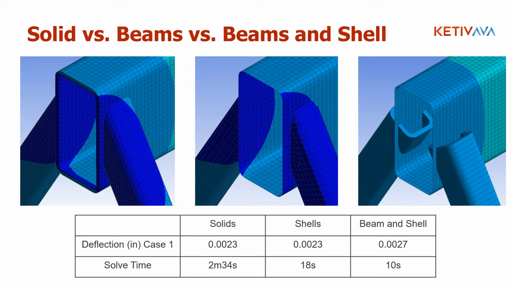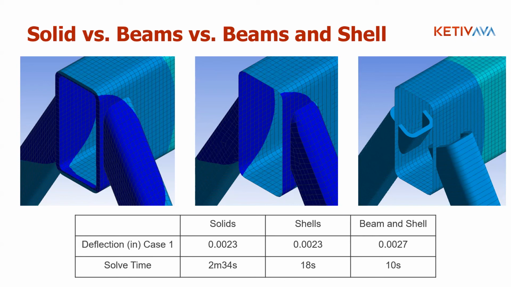If I had the hood of a car, of a Lamborghini for example, and I wanted to do a simulation on that, that hood might have strange contours and geometries, and it might be hard for me to mesh something like that. But I can use a shell method to turn that into a shell, and that might give me the ability to start an analysis versus defeaturing and taking a while on the solid body.